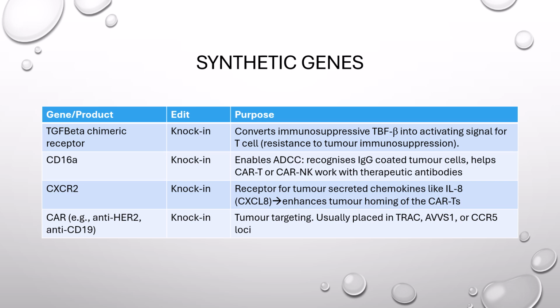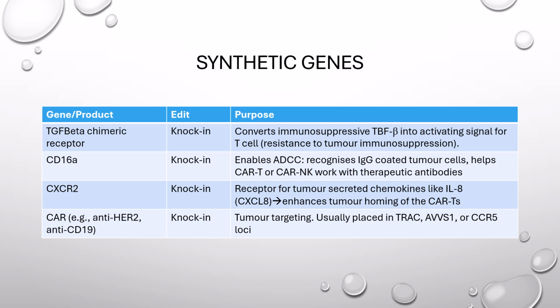So tumor cells are generally sort of cold, and not invisible, I think is a good word, and therefore it's a way of allowing the T cells to really target the cancer, the tumor cells, and have that therapeutic effect. And last is the CAR, the chimeric antigen receptor.